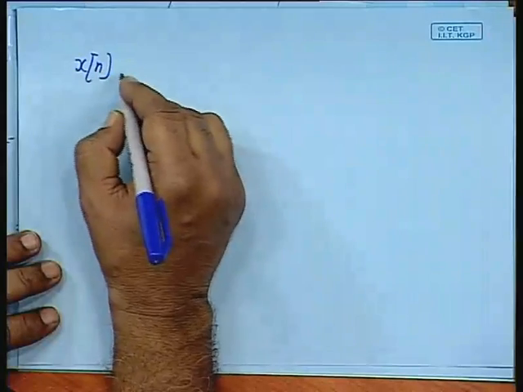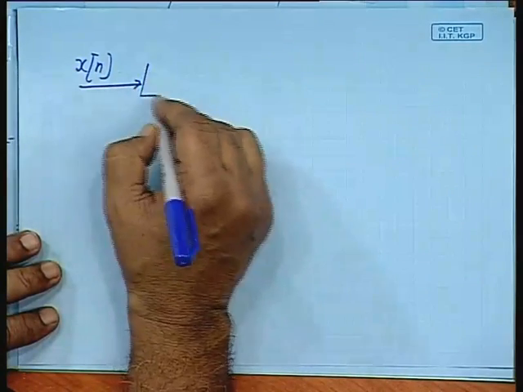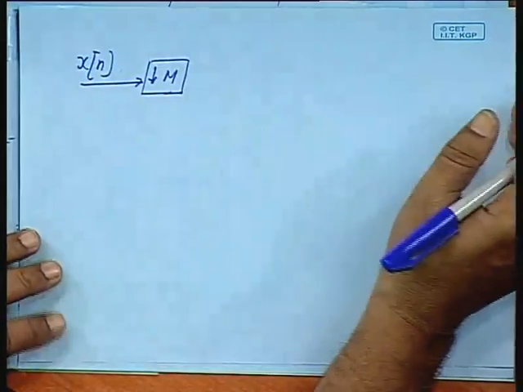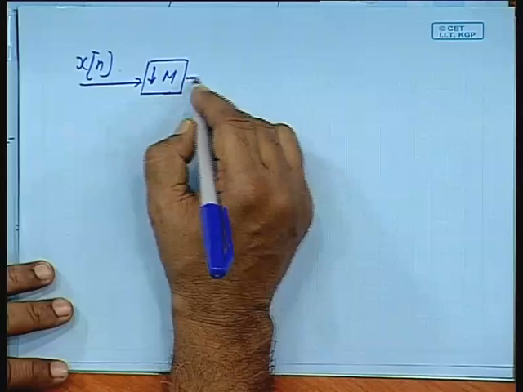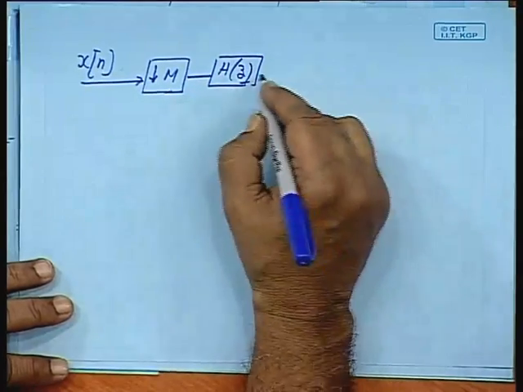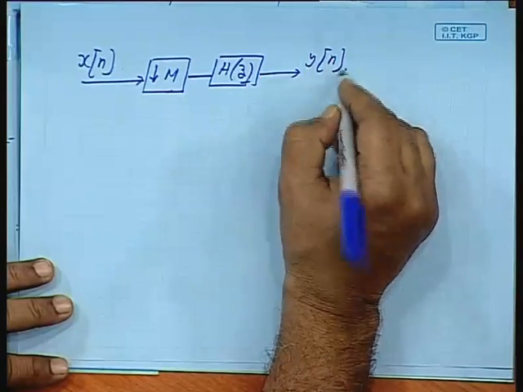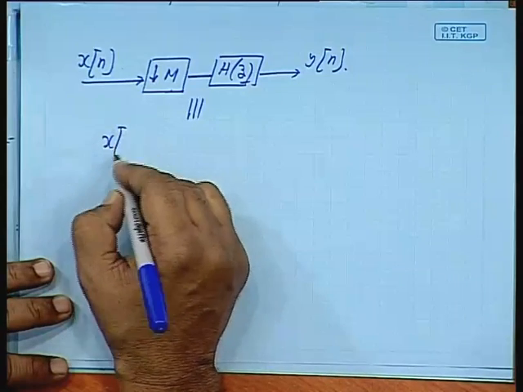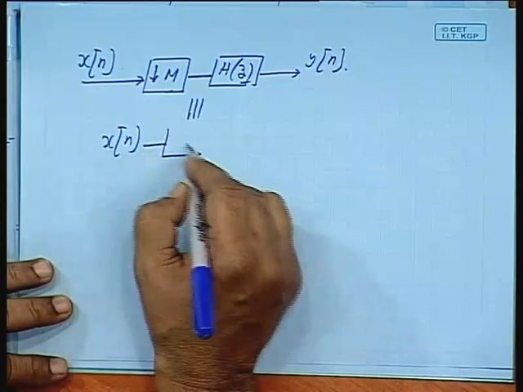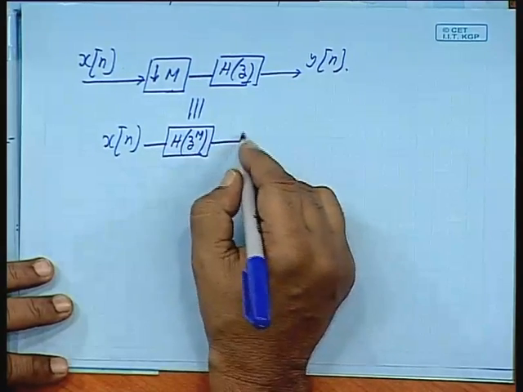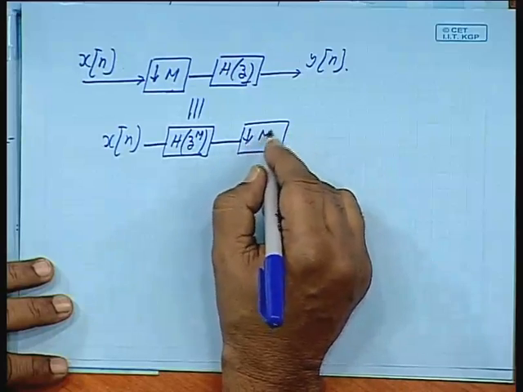So, earlier we saw xn, if I downsample xn and if I have a filter here Hz giving me an output yn, this is equivalent to xn, Hz to the power m, okay.